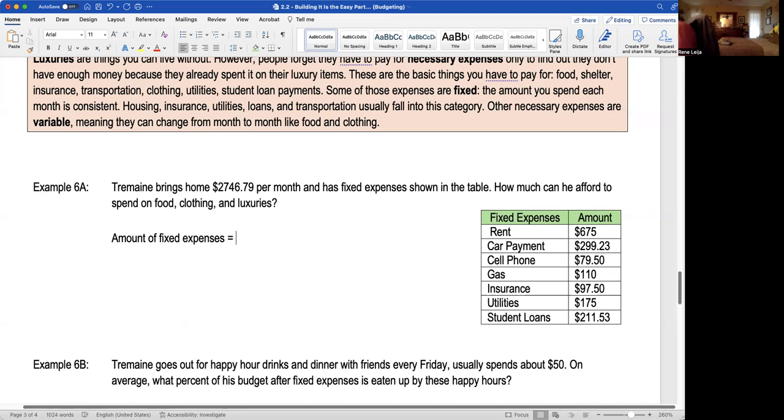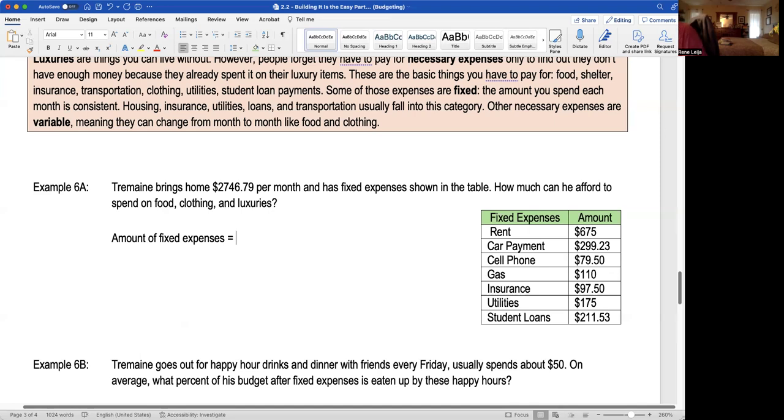I'm just going to use my calculator, not my phone. So 675 plus 299.23 plus 79.50 plus 110 plus $97.50 plus 175 plus 211.53.